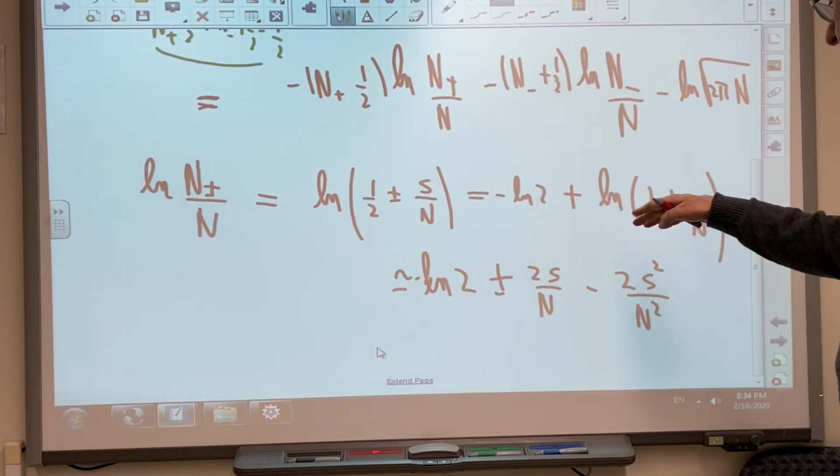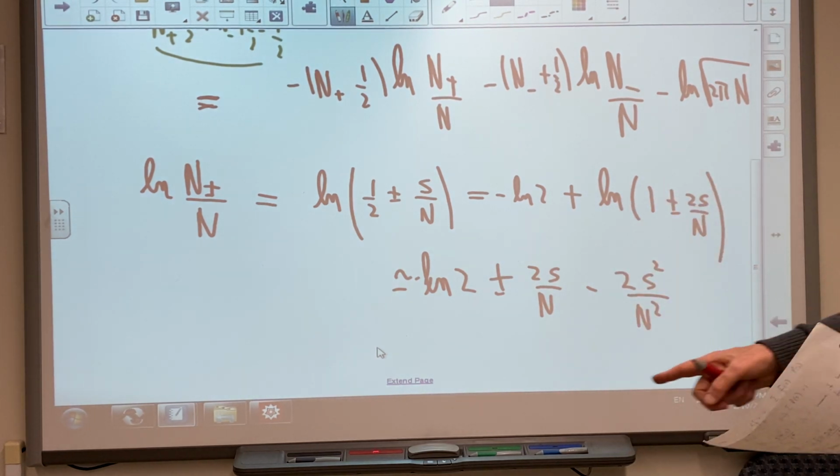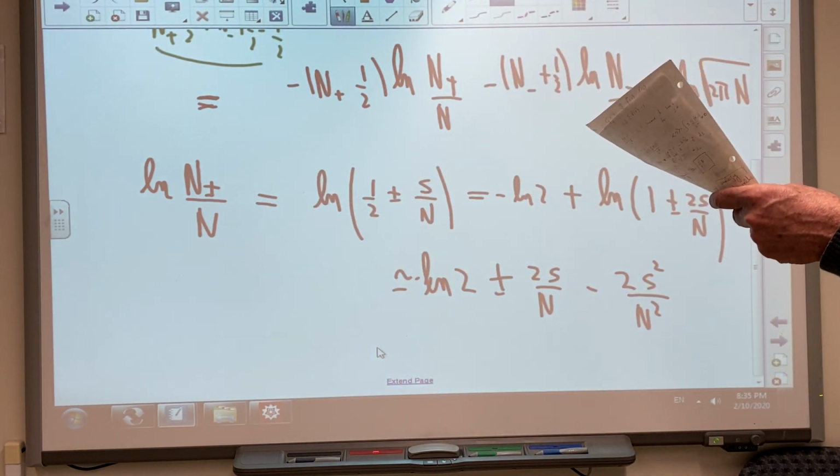Ln of 1 minus x is minus x squared over 2. So this minus appears both in this case and in that case. Did I get it right? Yes.